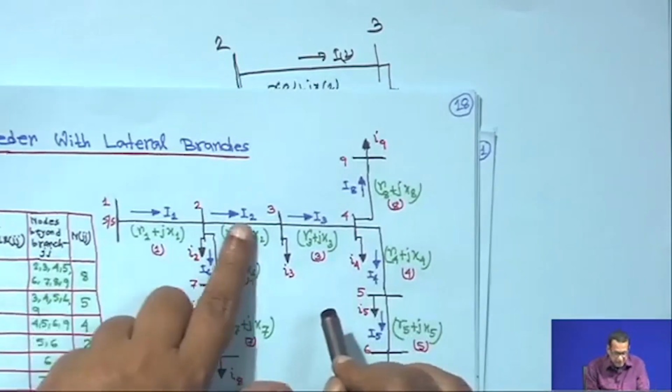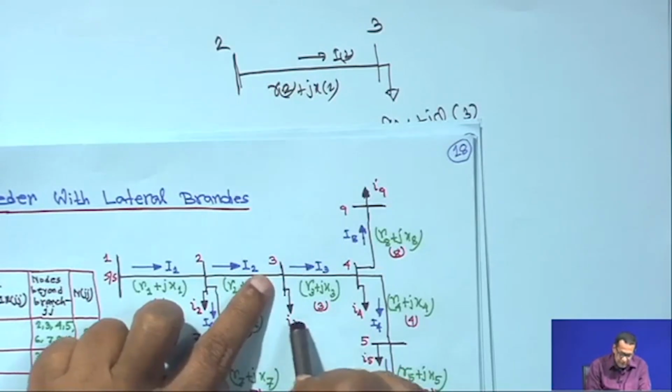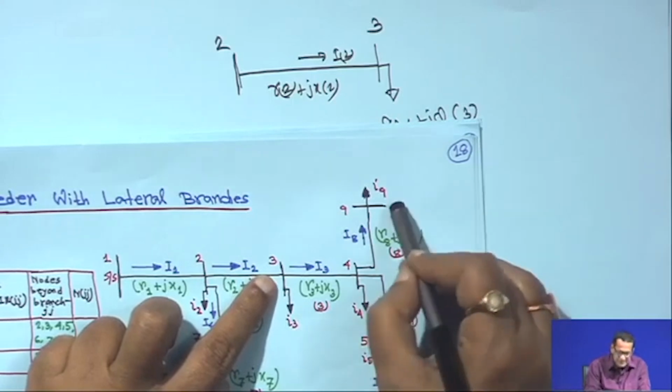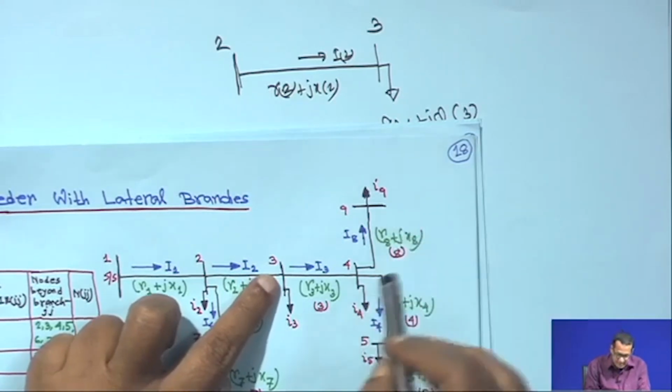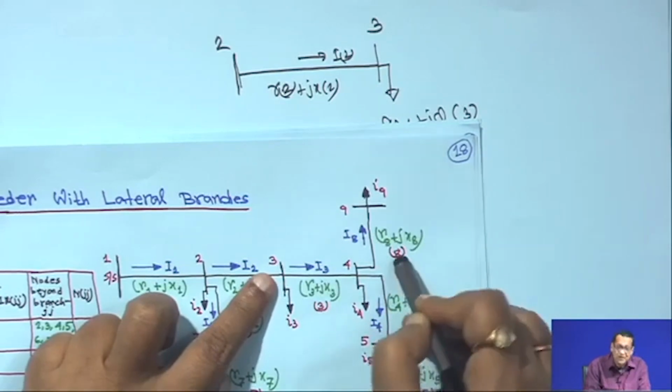So, whatever P3 and Q3 will be, P3 should be the load of this node, say PL3 plus PL4, PL5, PL6 plus PL9, plus the loss of branch 3, branch 4, branch 5 and branch 8.